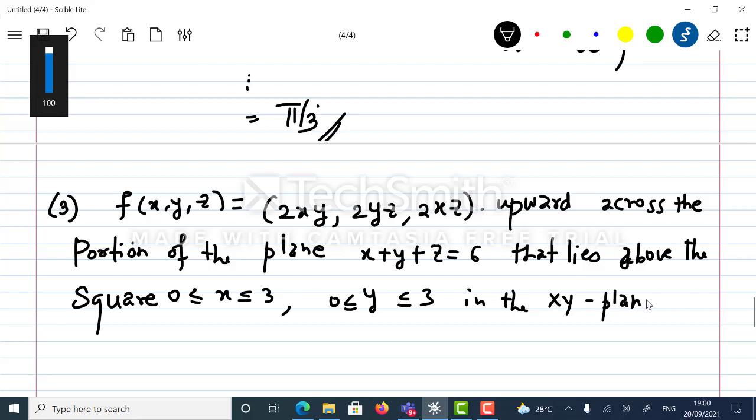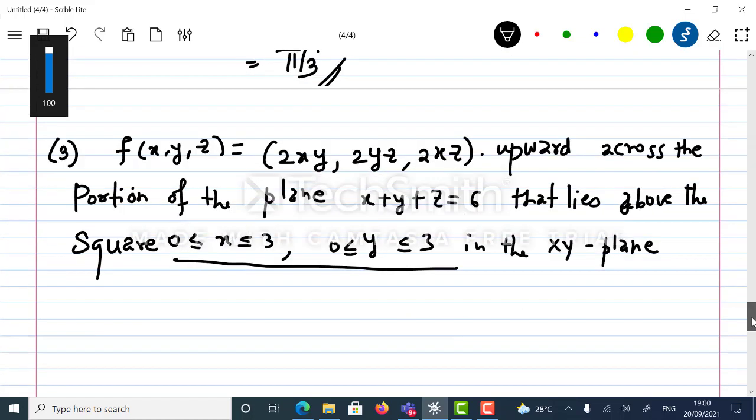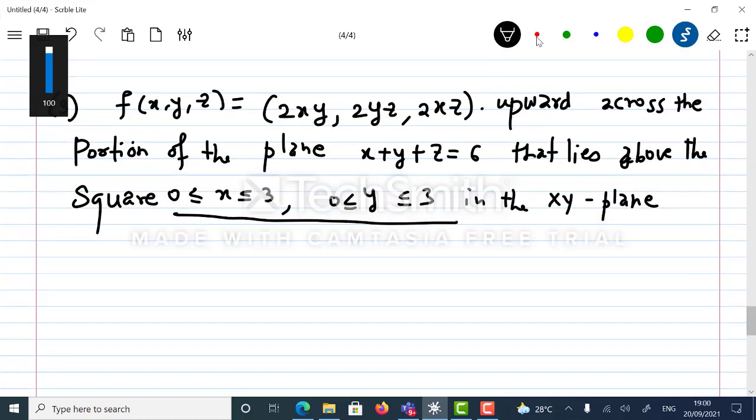So this means that the projection T is already given. That is what it says.